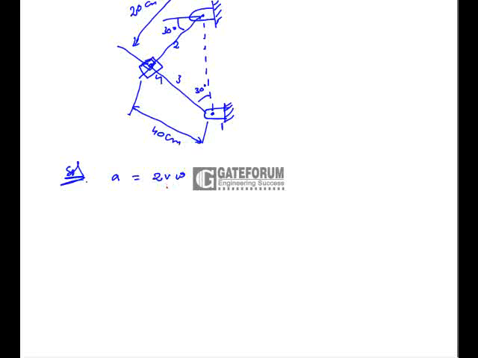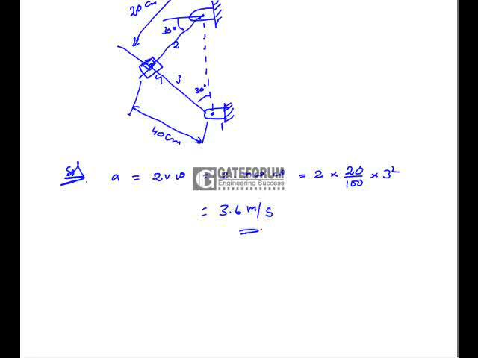So v is the tangential velocity of the link 4, and omega is the angular velocity connected to the link, and here it is equal to 2 into r omega into omega, where r is the length of the link, that is 20 centimeters, that is 20 by 100 in meters, and here omega square is 3 square, which is equal to 3.6 meter per second square.